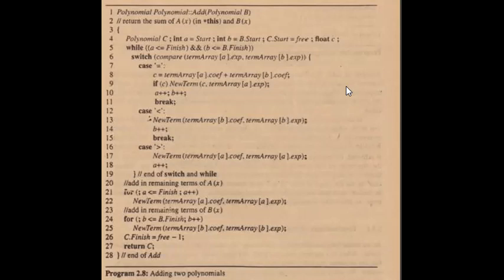Depending upon the case, it will increment the index, and after that we have given an addition operator for adding the polynomials with regard to the exponents. Then we finish with c.finish equal to free minus 1, and we return the third polynomial, which is the sum of A and B.